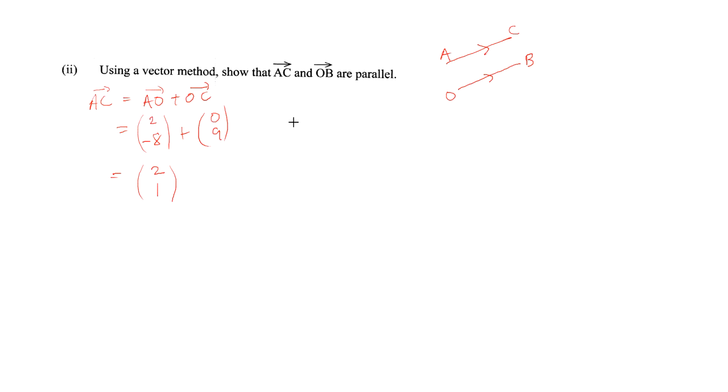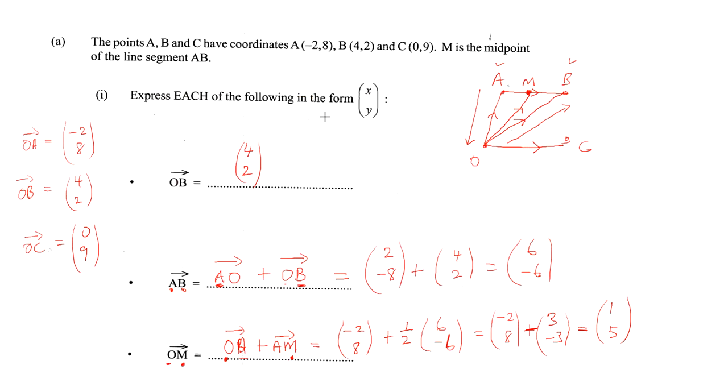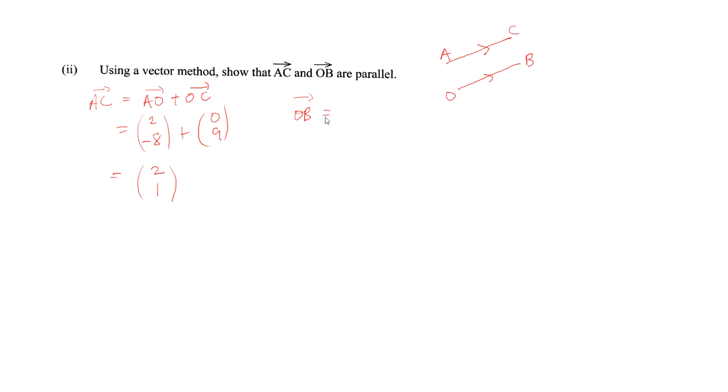So now we need to find the vector OB, but I think we know what OB is already. So OB is 4, 2. So what we need to do is to show that one vector is a multiple of the other.